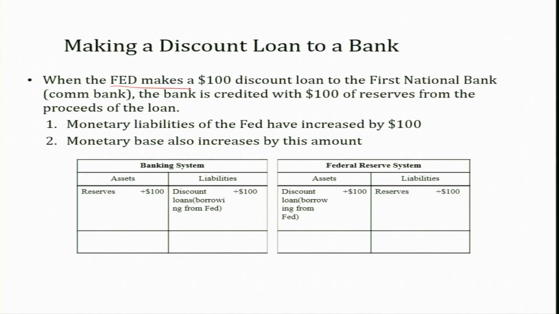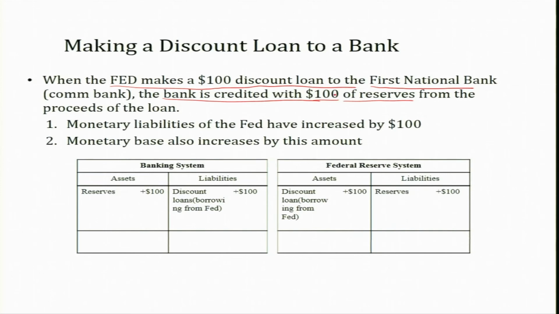When the Fed makes a $100 discount loan to one commercial bank, let us call it First National Bank, the bank is credited with $100 of reserves from the proceeds of the loan. When the central bank makes a loan to a commercial bank, the proceeds are immediately credited to the commercial bank in the form of reserves.